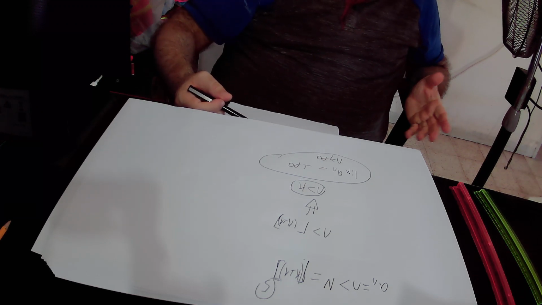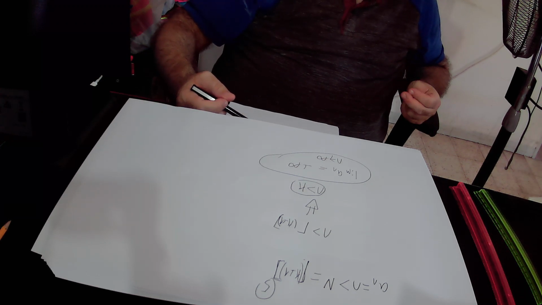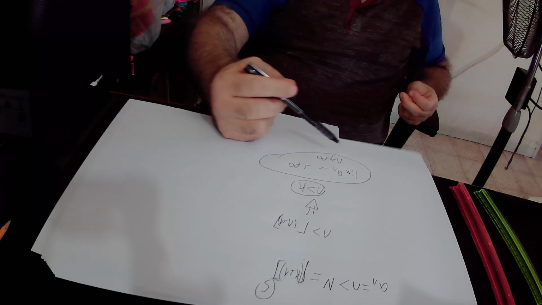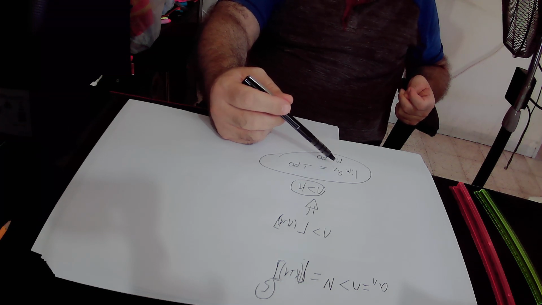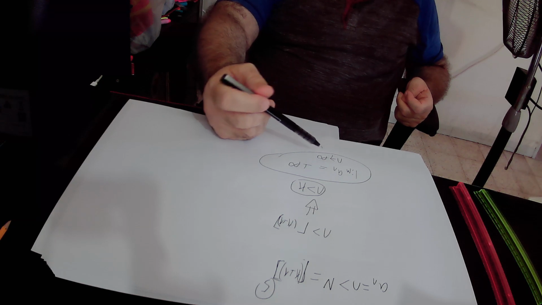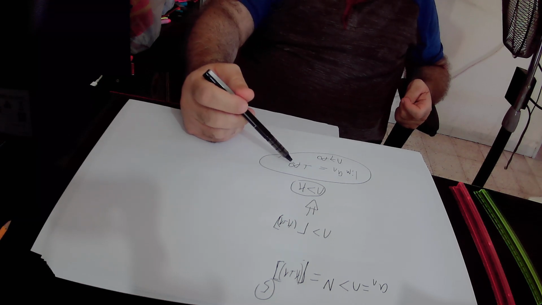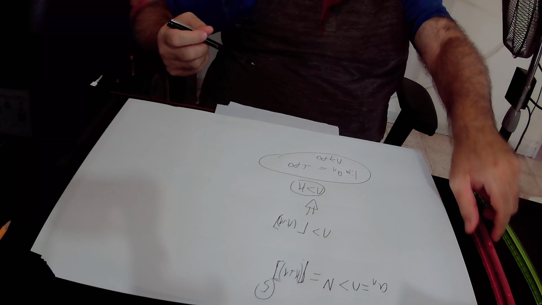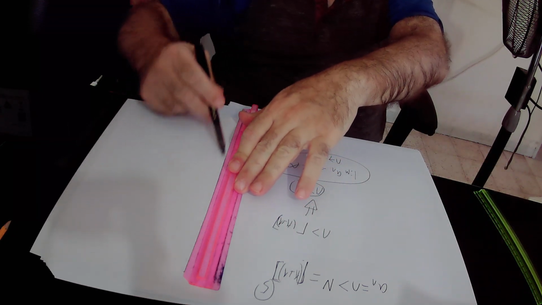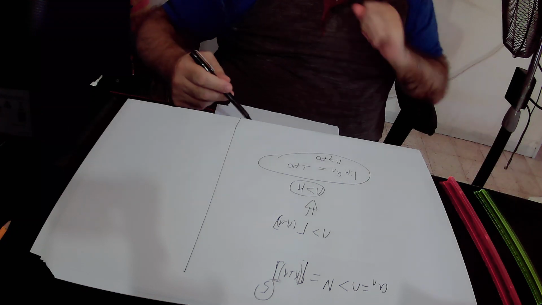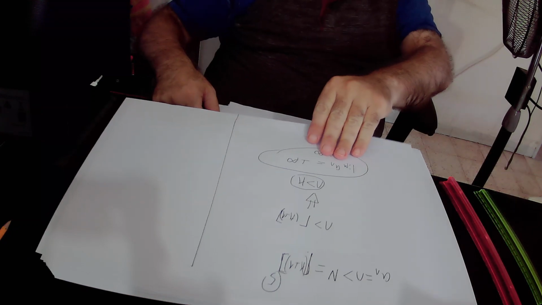So the condition holds, and therefore we proved that the limit of the natural numbers when n tends to infinity is equal to plus infinity.